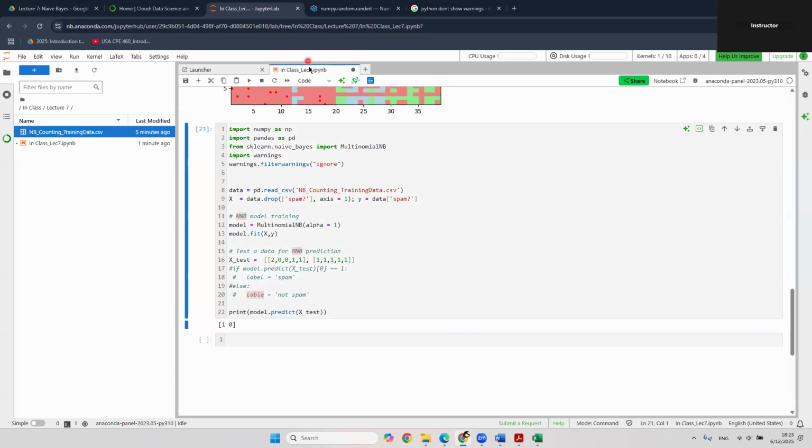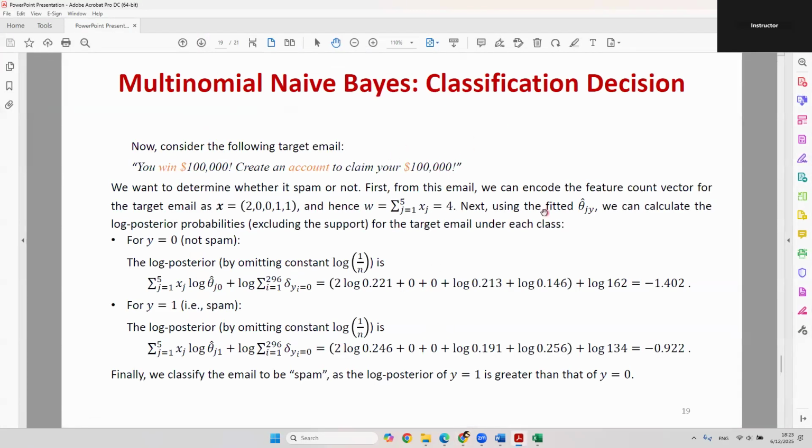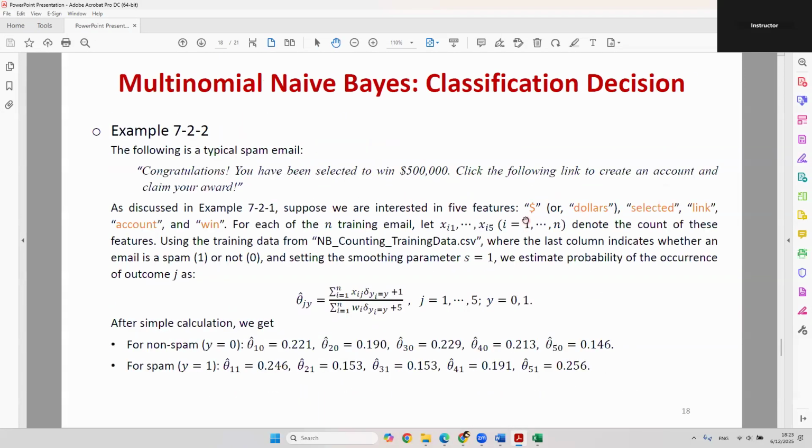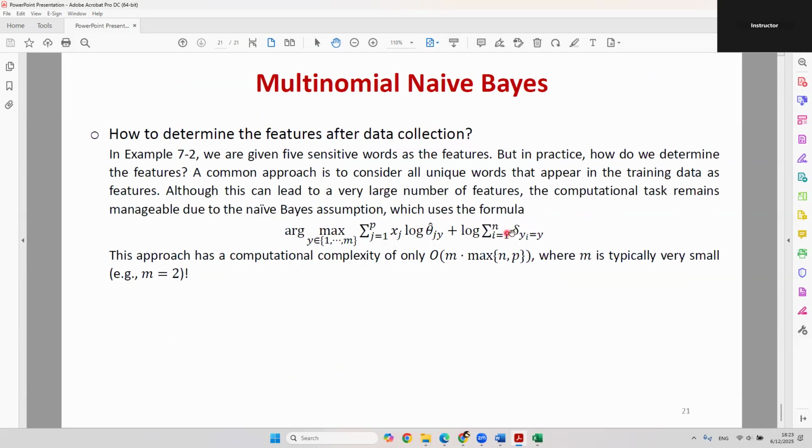Okay, so this is how we can handle the multinomial naive Bayes. And finally, this is how to determine the features after data collection. Here I still give you the 5 features, which are dollars, select, link, account, win. But if I give you tons of emails, let's say 1 million emails, how would you determine the features?